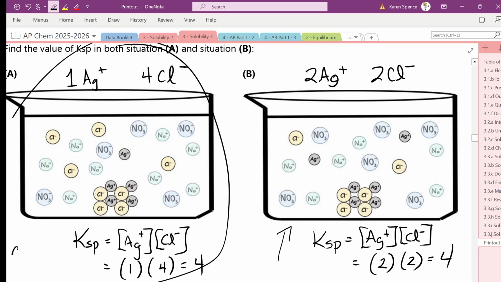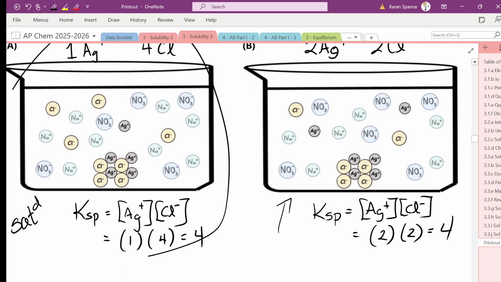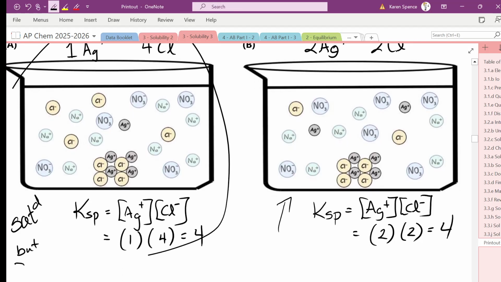But this is saturated, and the concentration of silver does not equal the concentration of chloride. That's because this was not dump and stir. I did not dump silver chloride into the water, stir it, and have a 1-to-1 ratio. I dumped in some silver from source A and some chloride from source B. So I mixed and matched, and so the concentrations of the ions are different.